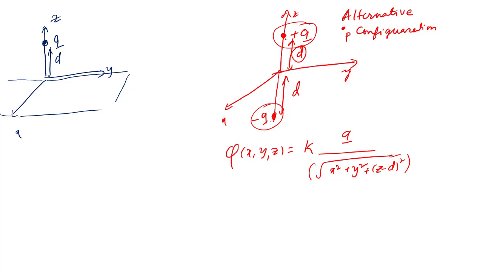That would be the distance from the charge to the point if the point is labeled as xyz in 3 dimensions, right? So then similarly for the negative charge, it would be very similar, except you have a negative sign, and kq divided by square root of x squared plus y squared plus (z plus d) whole square, right?